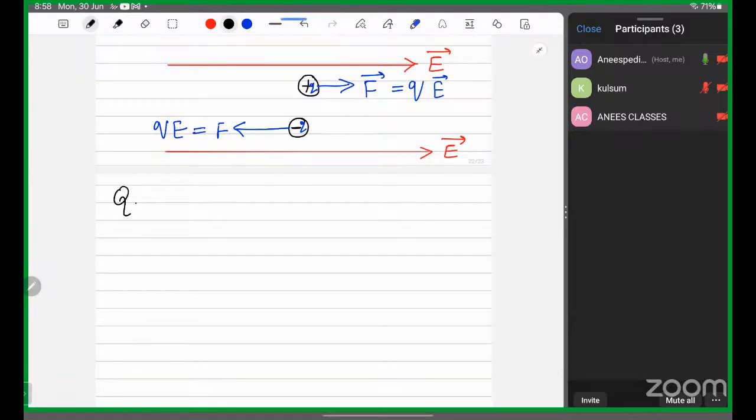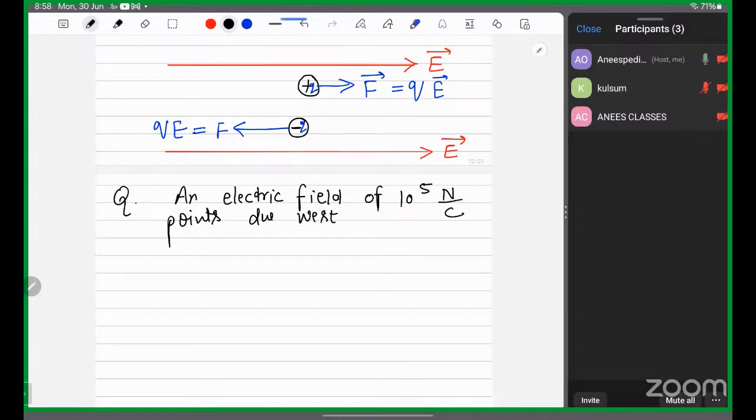Question number 1, which states that an electric field of 10 raised to power 5 Newton per Coulomb points due west at a certain spot.